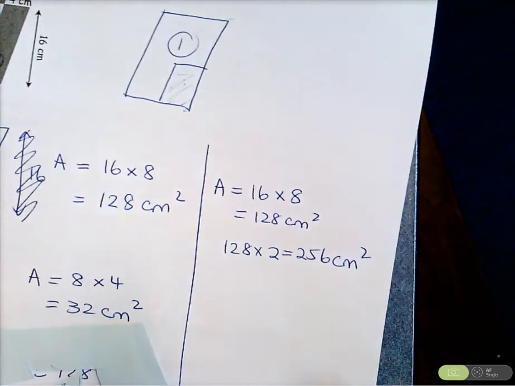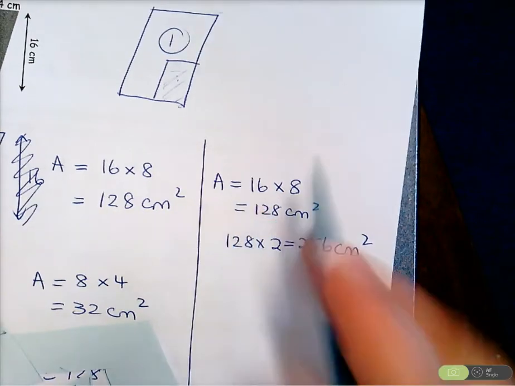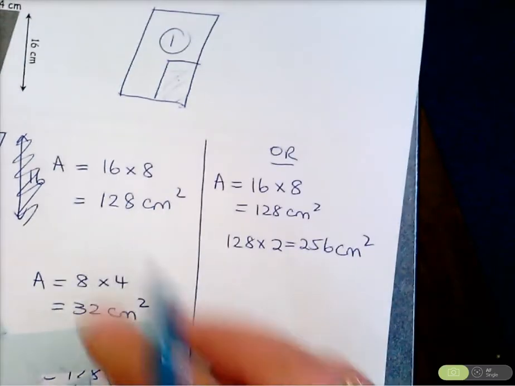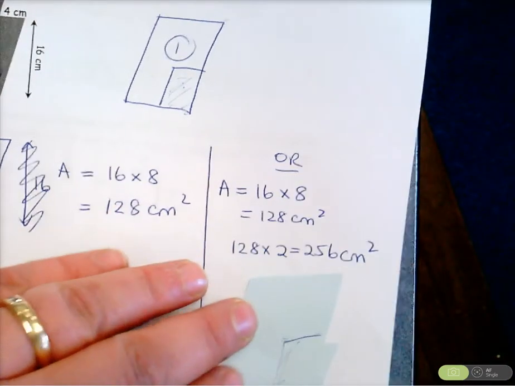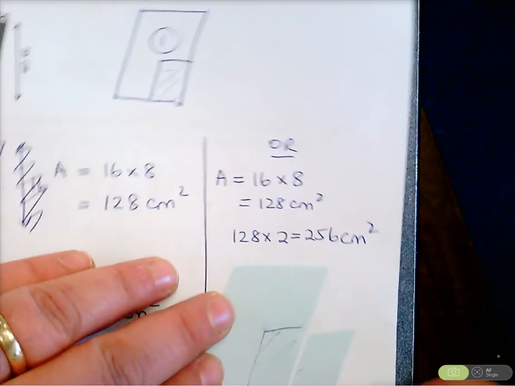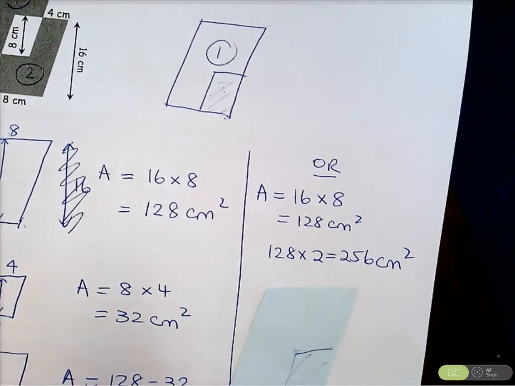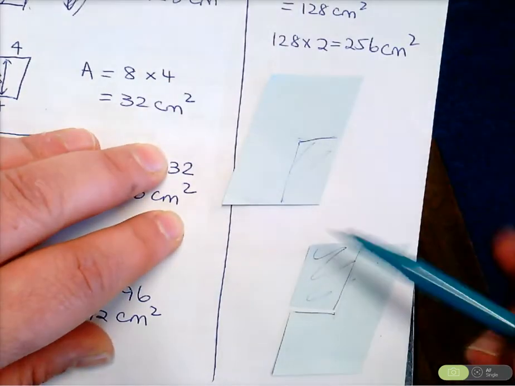This is how a lot of people would like to do it. They'd do the area of the large parallelogram and then double it, because you've got two parallelograms.